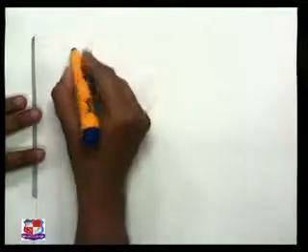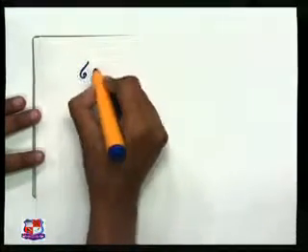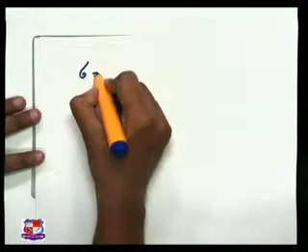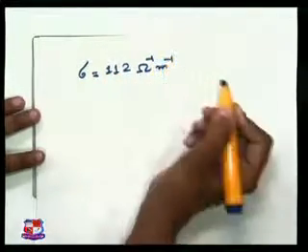We will have the next example here. The conductivity and the Hall coefficient are given, and we have to find out the mobility. The conductivity is given as 112 ohm inverse meter inverse.